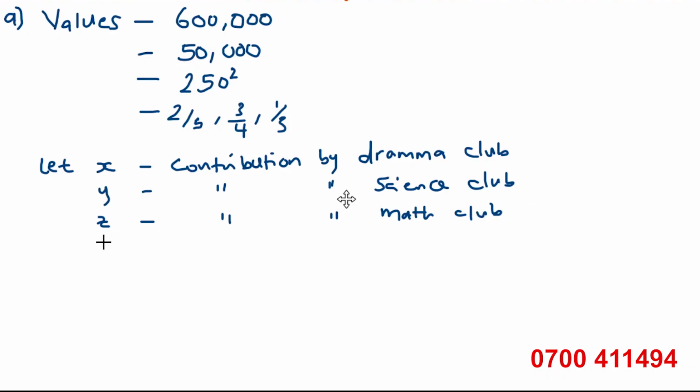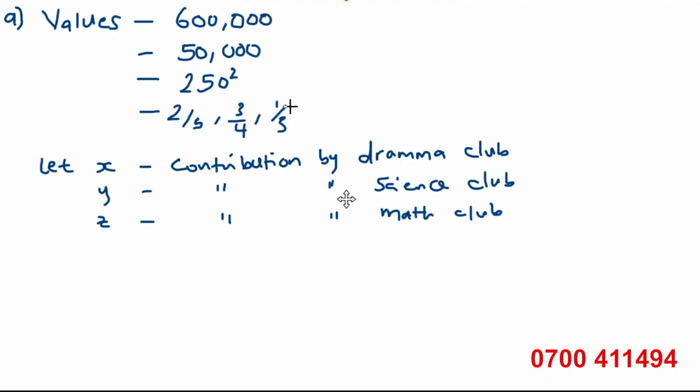The first thing is to let the variables we are going to use, but define them properly. We don't just write X equals drama club, Y equals science club, Z equals mathematics club. No. Let X represent the contribution by the drama club, because what we are looking for is the contribution by the drama club, the science club and the math club.